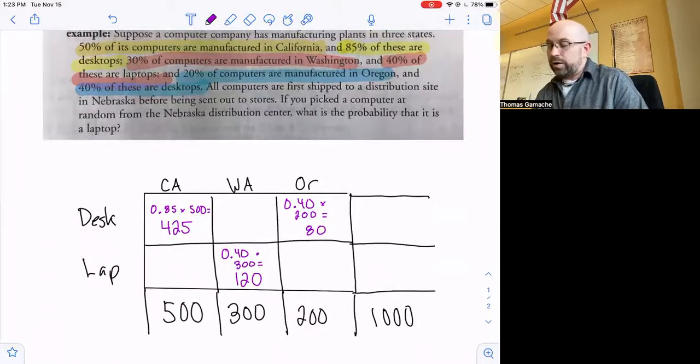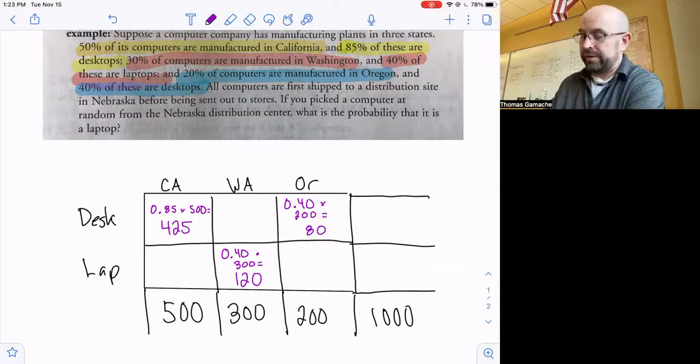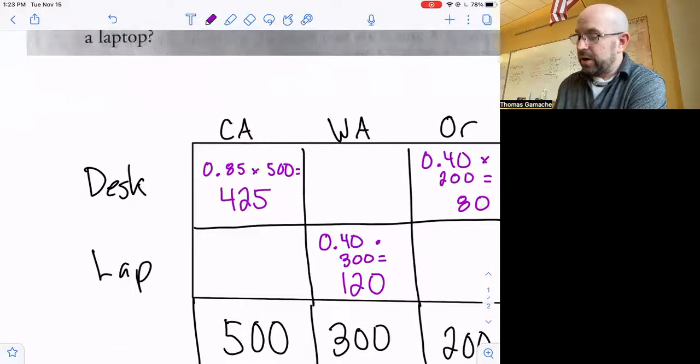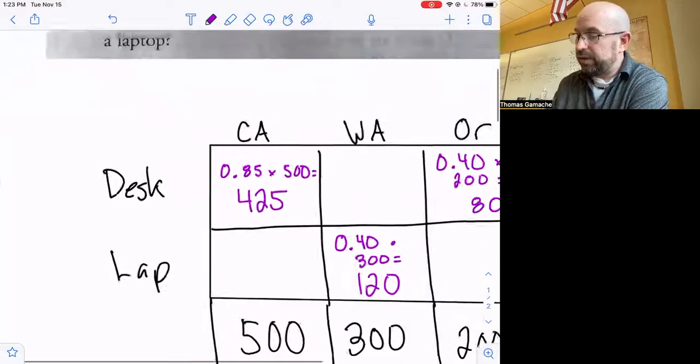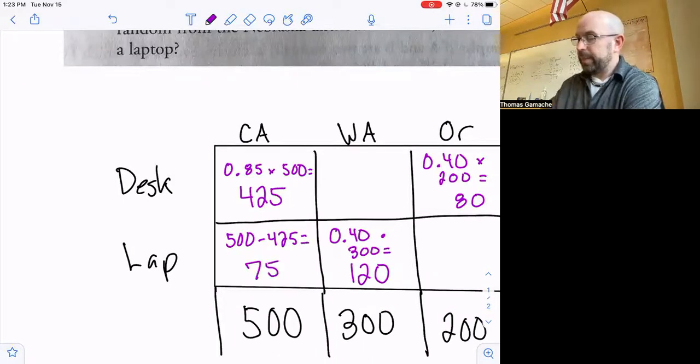So now I can work a little bit here. I can kind of work a bit backwards. That's what some people like about tables. It allows you to kind of fill in some blanks a bit easier. So if I'm trying to figure out the laptops, I know 425 of my 500 are desktops. I can just do 500 minus 425. And I get, ta-da, 75.